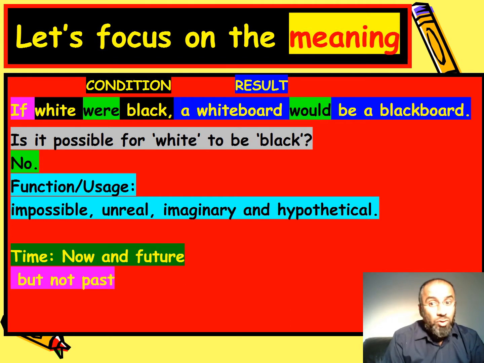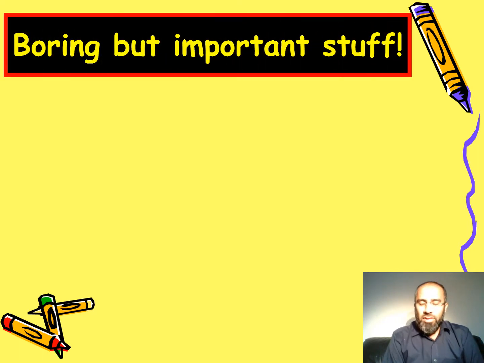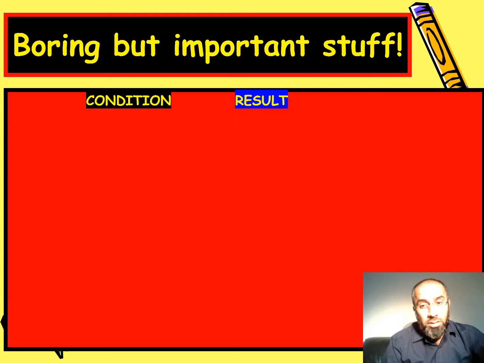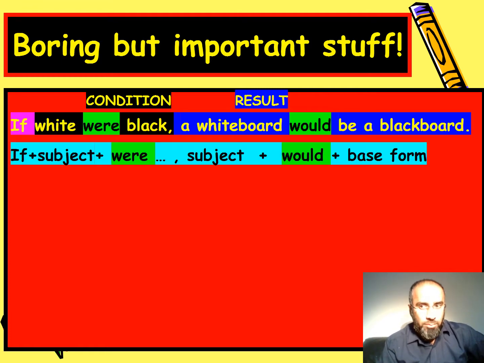Not past, not past. So why do we use were? Okay, that's a very, very good question. So let's come back to this sentence here. If white were black, why are we using were? Okay, this is very, very confusing thing. We'll come back to this one.